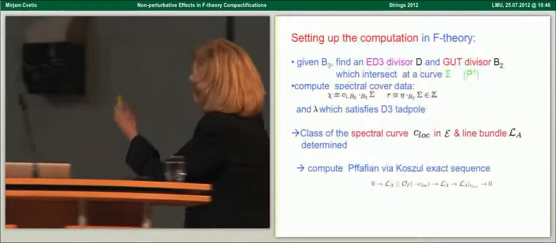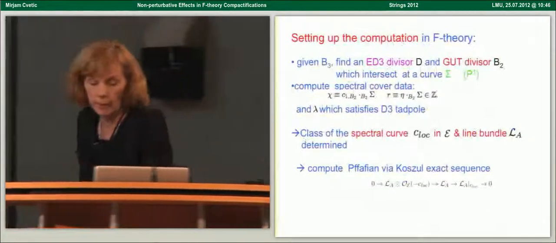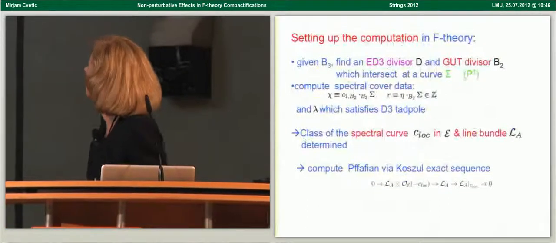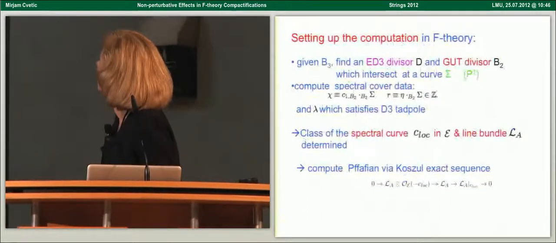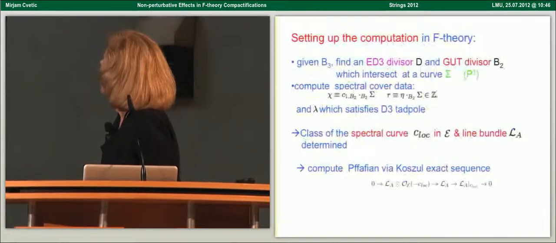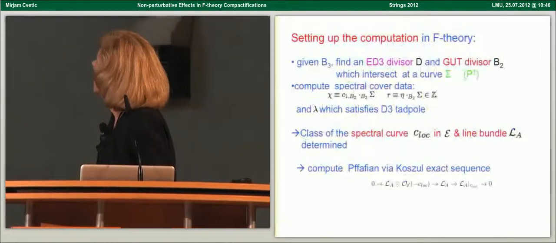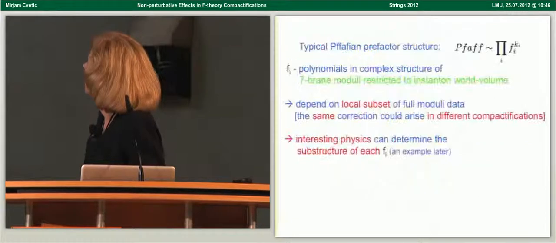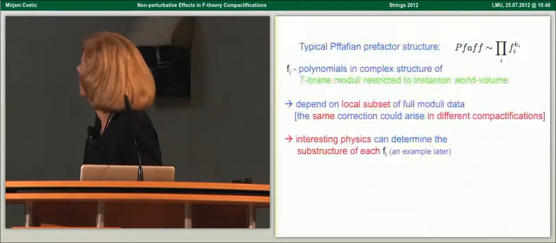We can now proceed and set up the actual concrete calculations, determine specifically the spectral curve for specific examples and the specific line bundles, calculate the Pfaffian by a Koszul exact sequence and get the results.